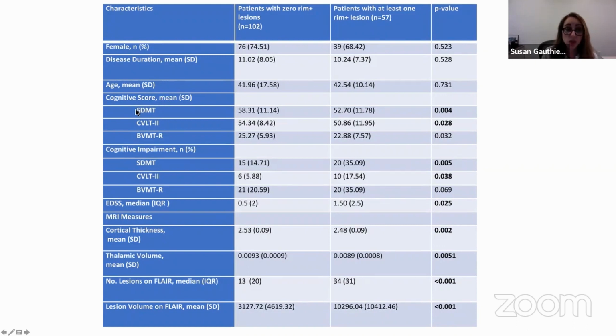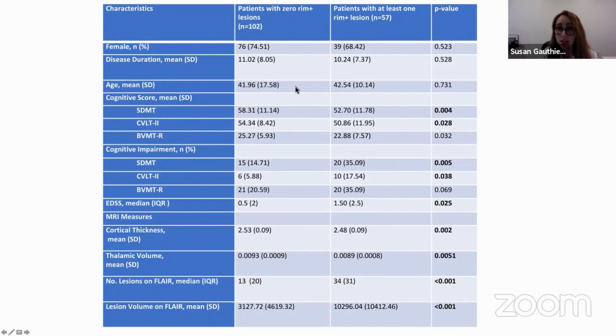In cognition, we looked at three different scales, and this is part of the BICAMS composite. BICAMS is a screening tool to look for cognitive dysfunction in MS. It's made up of the Symbol Digit Modalities Test, California Verbal Learning Test, and Brief Visual Memory Test.